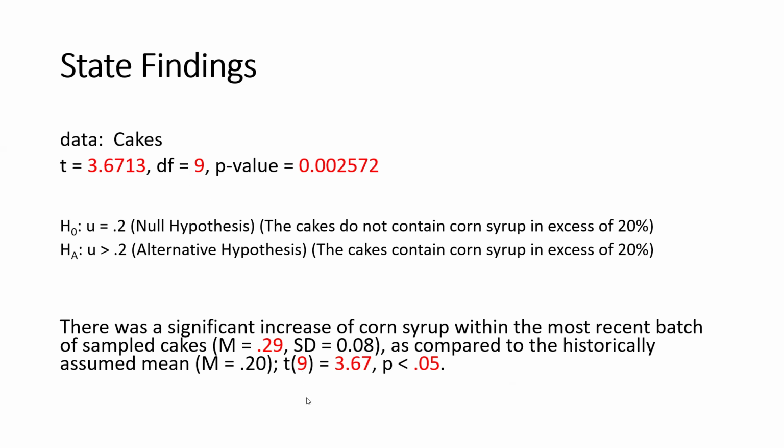This is the degrees of freedom. This is the t-value to two significant figures. And because our p-value is less than 0.01, this actually ought to be p is less than 0.01. Ignore this. It should be p is less than 0.01. That is correct, not p is less than 0.05.